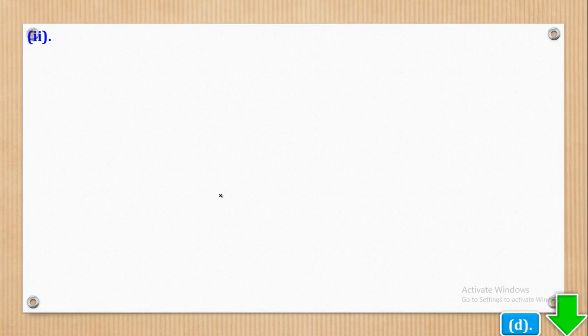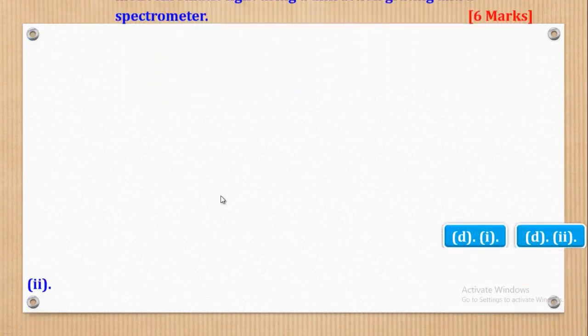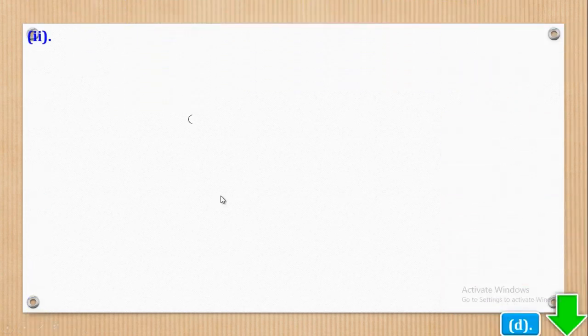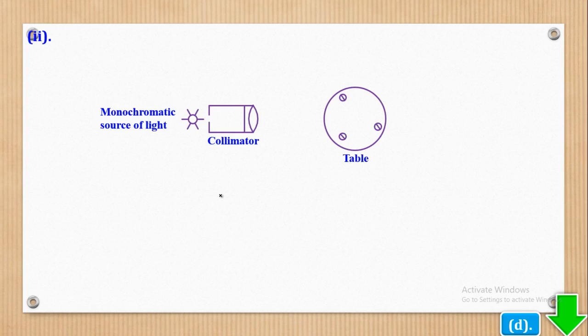So now we shall go to part D, Roman 2. D Roman 2 says, describe an experiment to determine the wavelength of monochromatic light using a diffraction grating and a spectrometer. So we shall need a diagram, that is monochromatic source of light. Then we have here a collimator, then circular table with screws, diffraction grating.